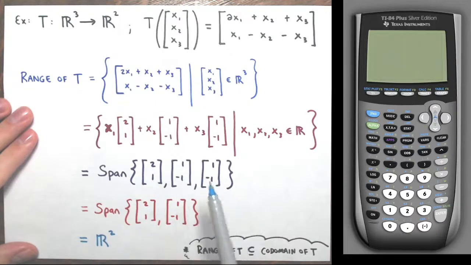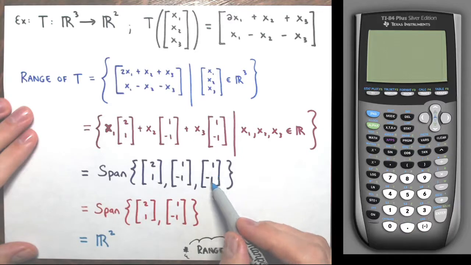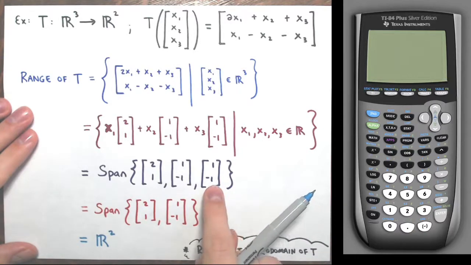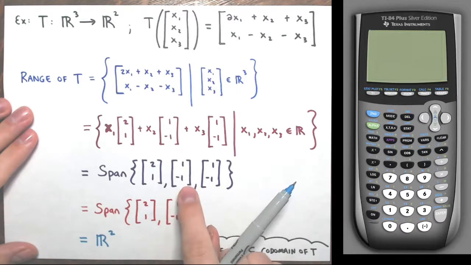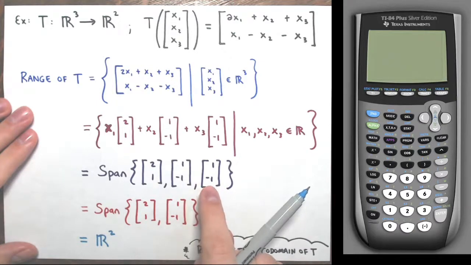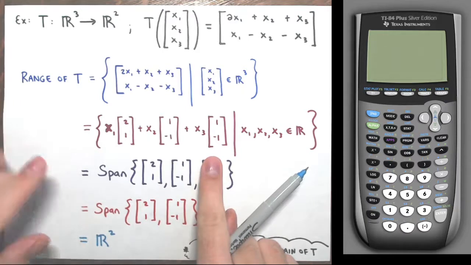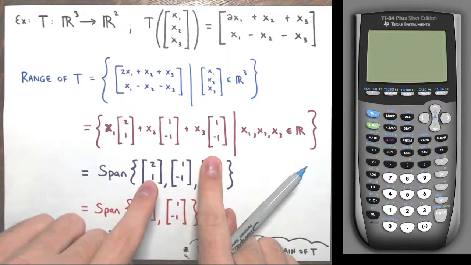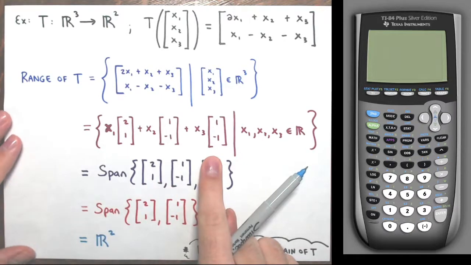And I'm hoping it's clear that you don't need to repeat a vector, because clearly this vector and this vector are not independent of one another. So I can get rid of that one, and then these 2 are independent. Remember, a set of 2 vectors is linearly independent if they're not scalar multiples of each other, and these are not scalar multiples of each other.